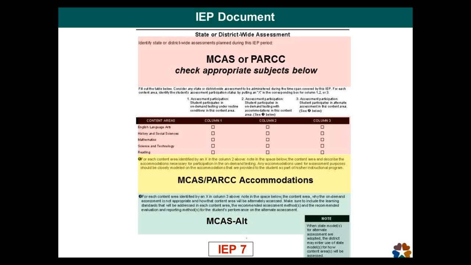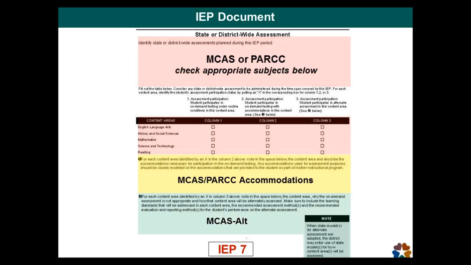So you want to indicate which type of MCAS they're going to be taking. And here, if they're going to be taking the regular exam, here is where you want to be listing the accommodations. There are both standard and non-standard accommodations. Non-standard accommodations, you do need to get permission from the Department of Elementary and Secondary Education for. For example, the use of a calculator is a non-standard accommodation. Okay.